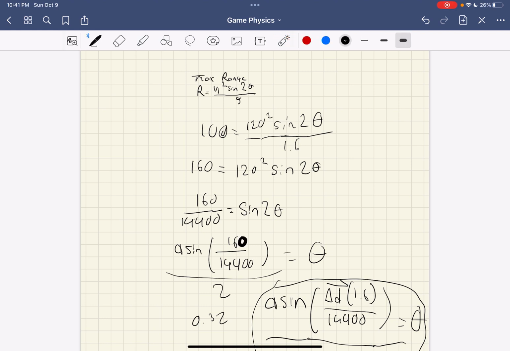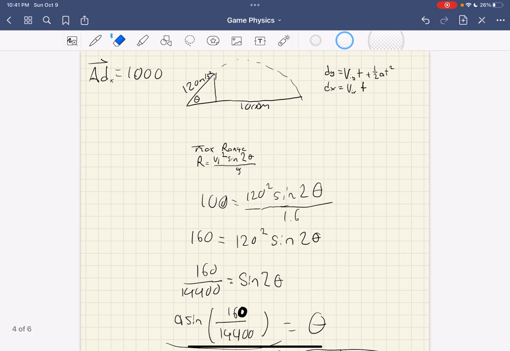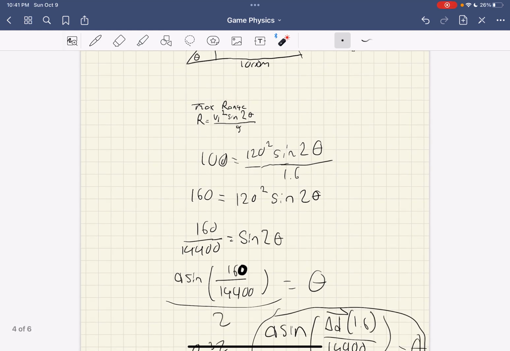We're calculating for 160, and the distance will be this one, 100. And so, knowing that, we have the max range formula here. Max range formula there, which is range equals initial velocity squared times sine 2 theta over gravity.